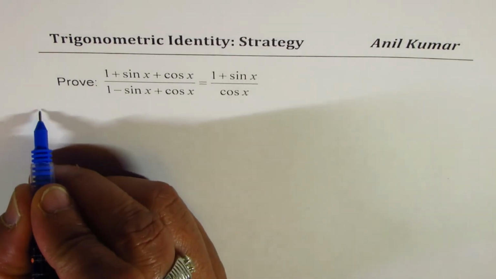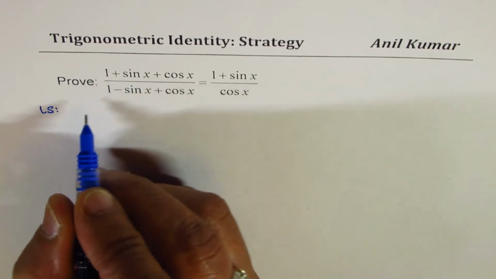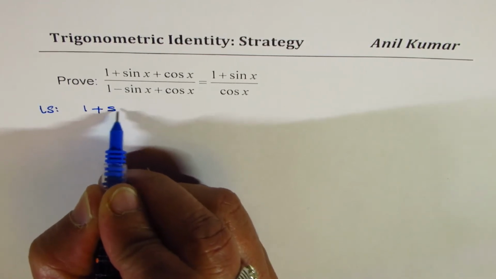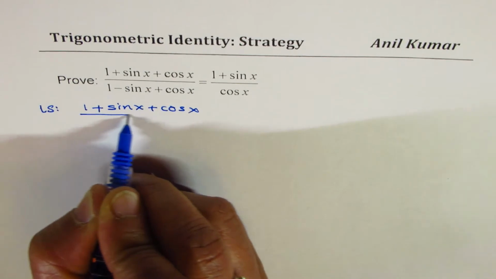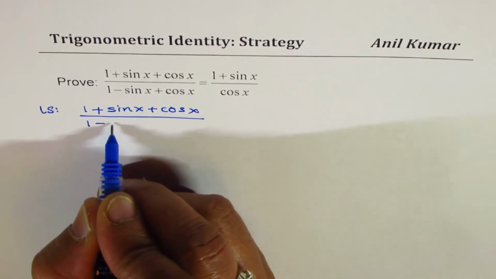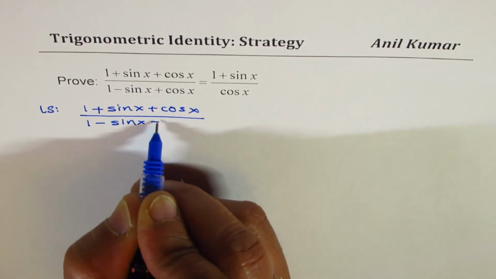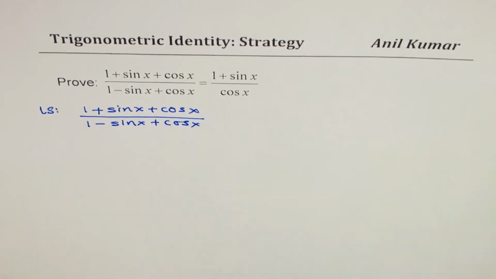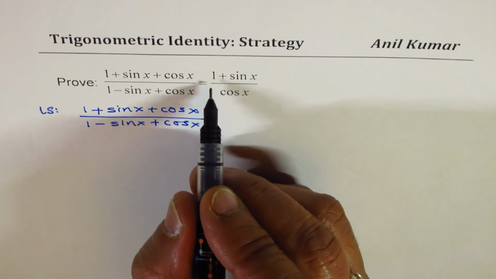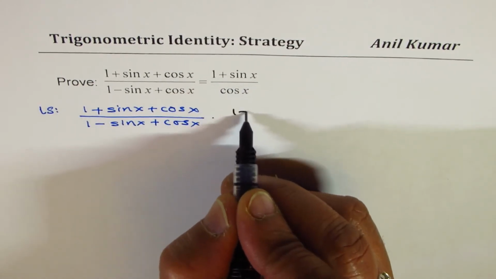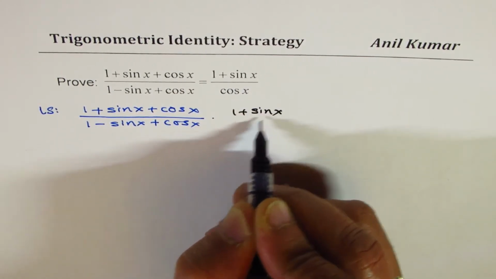We'll begin with the left side, which is 1 plus sin x plus cos x divided by 1 minus sin x plus cos x. Now the strategy is to multiply and divide by what we need. This time we'll multiply and divide by 1 plus sin x.